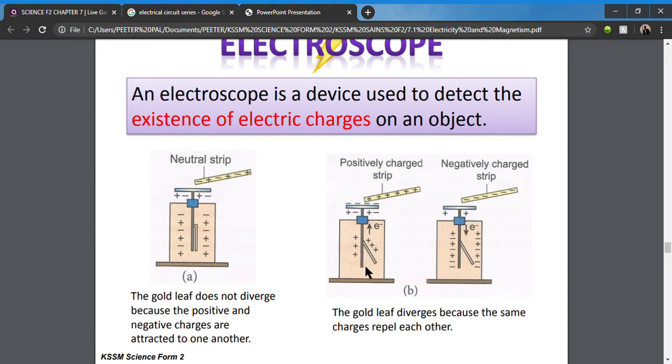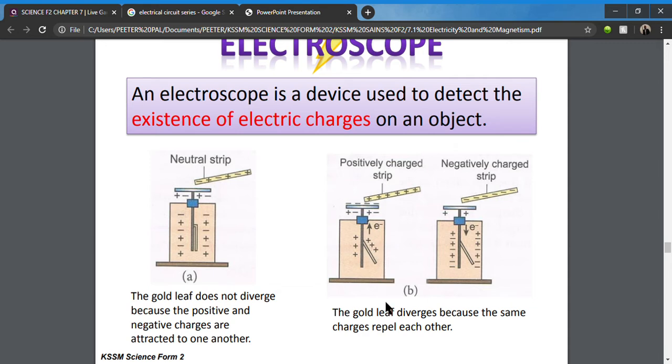The electrons go up, so this whole area becomes positively charged because it lost electrons. Same charges are then on the gold leaf and the metal rod, so the gold leaf will diverge. It is diverging away.